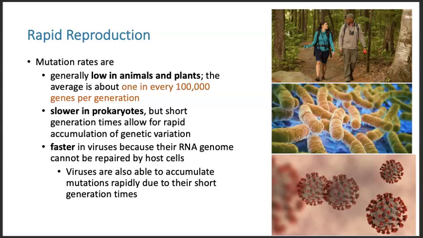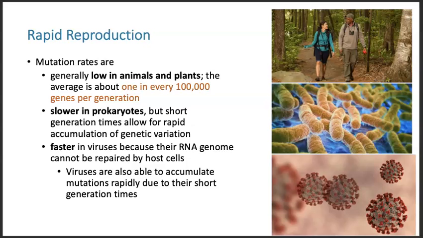And again, generation can mean, depending on whether you're talking about mitosis or meiosis, in mitosis it can happen every couple of weeks. But when we're talking meiosis, and that's really the important thing here for evolution, 1 in every 100,000 genes per generation have an offspring.